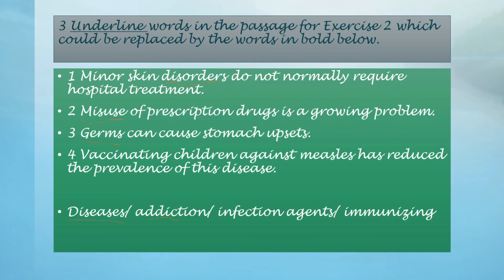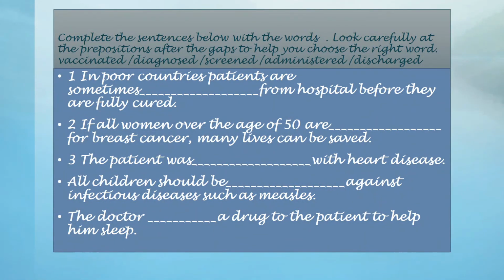Yes, immunizing has the same meaning as the word vaccinating. All right. Now complete the sentences below with the words. Look carefully at the prepositions after the gaps to help you choose the right word. We have vaccinated, diagnosed, screened, administered, and discharged.